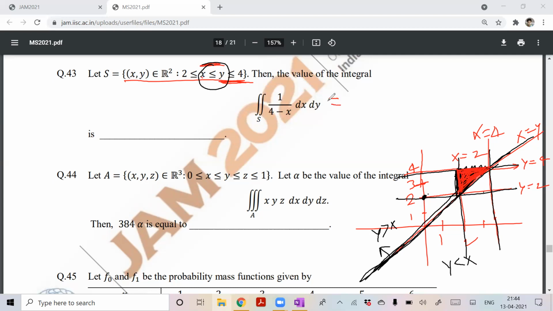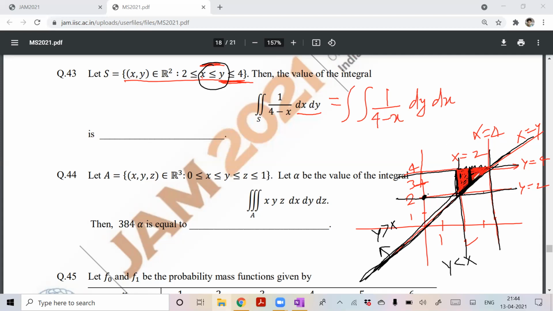They have given dx dy, but if we integrate with respect to x first, that will make it complicated. So let's interchange the order: I will write first dy then dx, and keep the function as it is, 1 upon 4 minus x. What is the limit of y? Draw a vertical line.